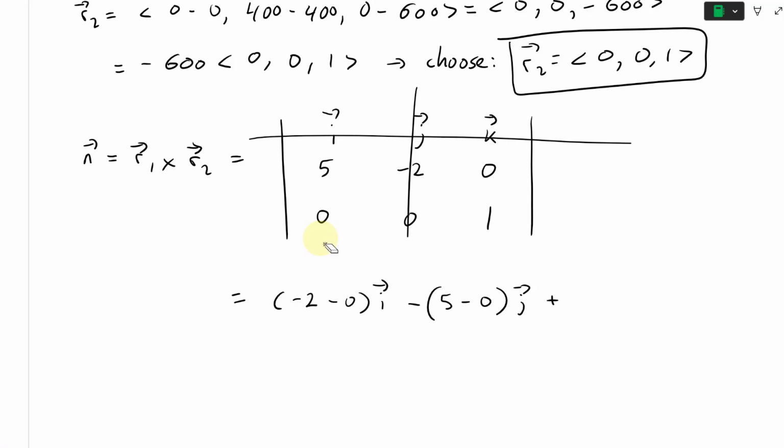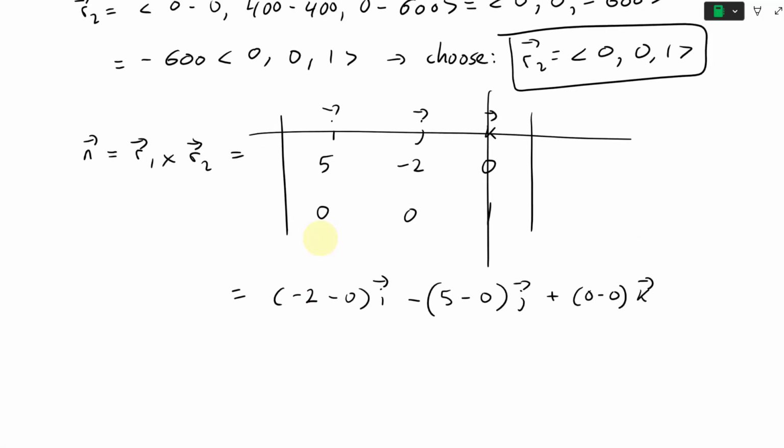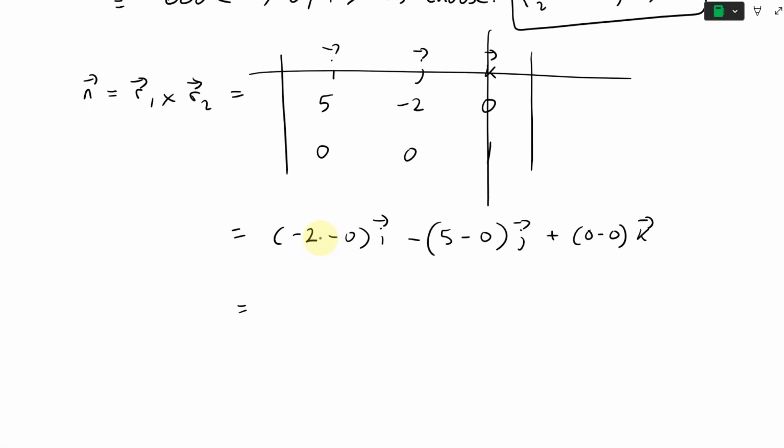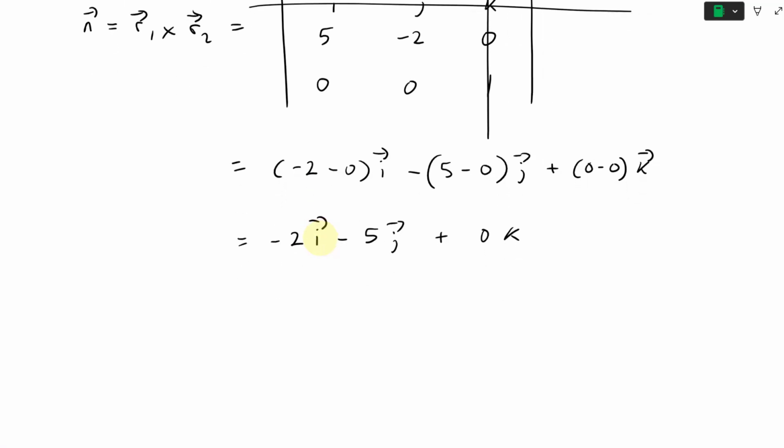Then plus the next one: block this out, 5 times 0 minus negative 2 times 0, which is just 0 minus 0, so that's k. So this equals negative 2i minus 5j plus 0k, and we can factor out the negative.